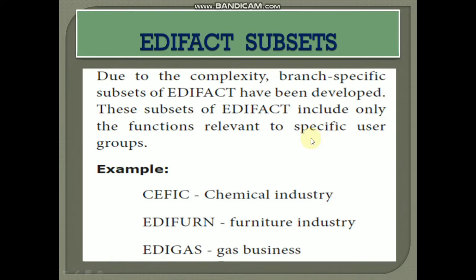For example, there is a subset called CEFIC, which is only for the chemical industry. Then there is EDIFURN, a set of protocols only for the furniture industry. And then AD gas, which is for the gas business.